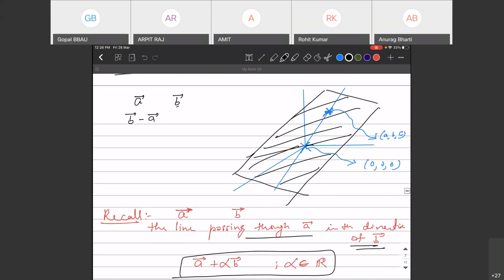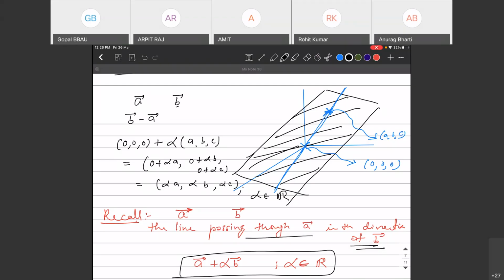Therefore, this line, which is in blue color, is represented by this equation: (0, 0, 0) plus alpha times (a, b, c). This is nothing but (0 plus alpha a, 0 plus alpha b, 0 plus alpha c), which is (alpha a, alpha b, alpha c), where alpha is any real number.